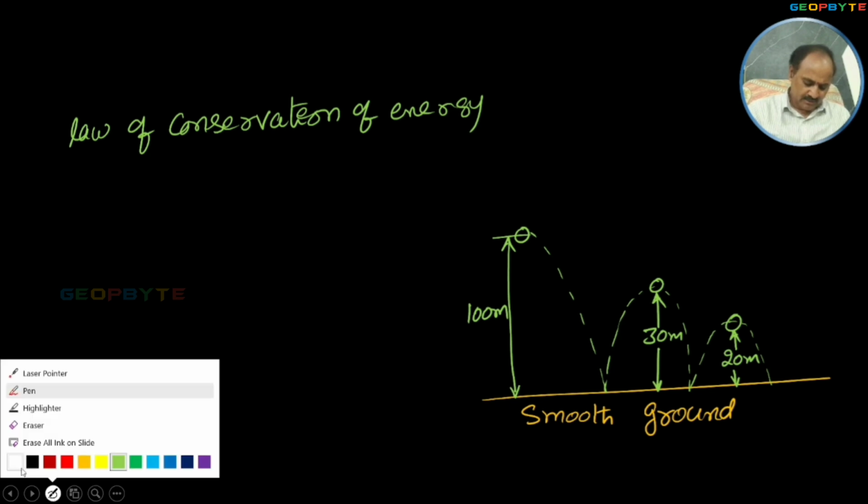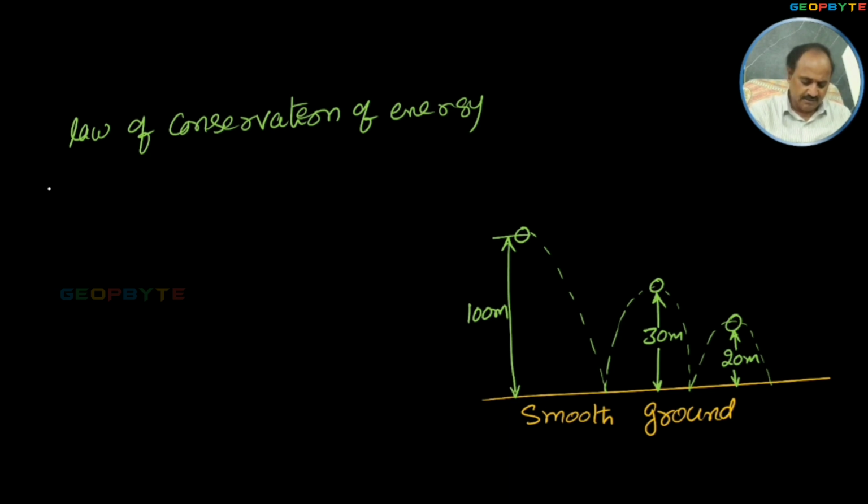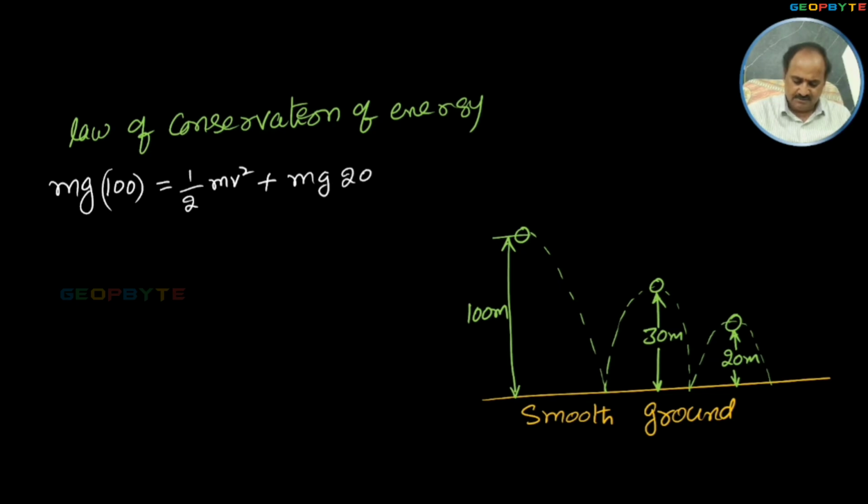Initially, the ball has potential energy, mass into g into 100 meters, mgz. It must be equal to kinetic energy, half m v square, plus the potential energy maintained right before it comes to the ground, with the third hill, m into g into 20 meters.